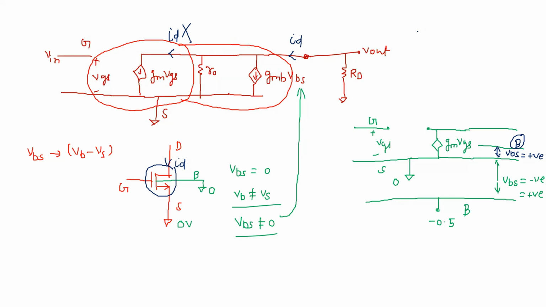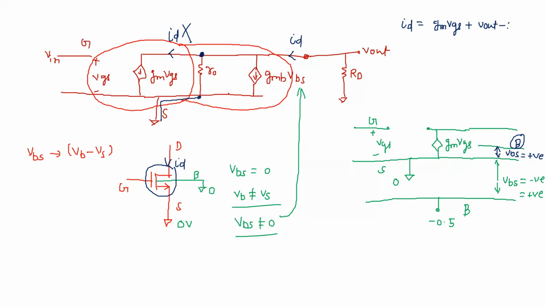Means if you write the equation for ID, what will we write? Suppose this is the point we should also know here. This point potential is the same as Vout because this wire is shorted. So this is also Vout. So we can write one KCL. ID is equal to gm VGS plus Vout, that is the potential on this side of your r0, and the potential on this side is zero.